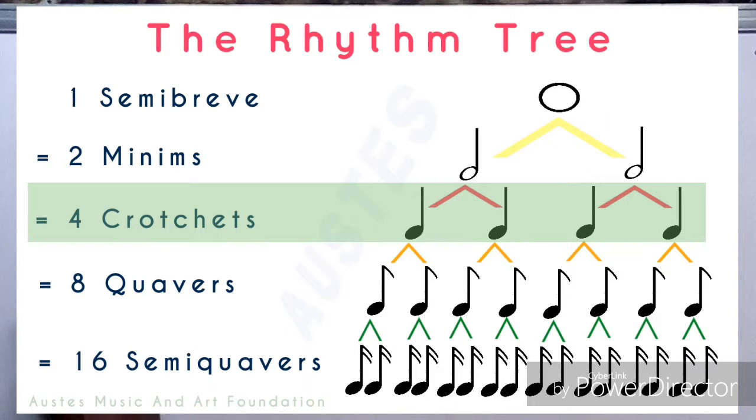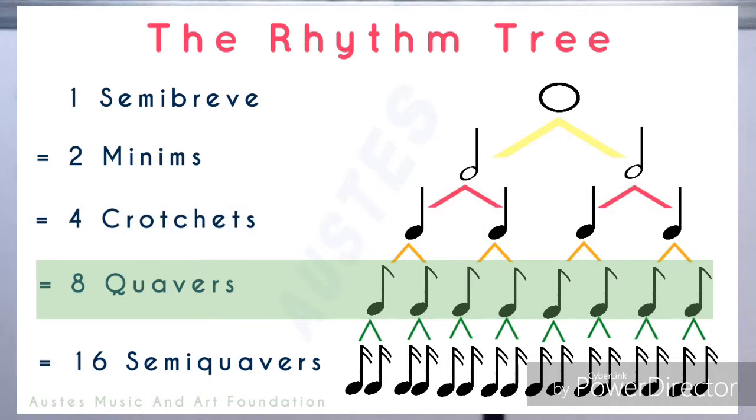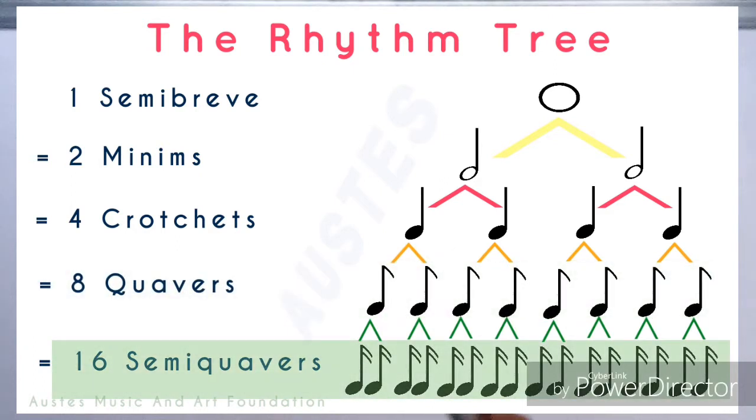If the lower figure is 4, it means we are referring to a crotchet. Then 8 refers to quaver because there are 8 quavers in a semibreve. So if the lower figure is 8, it means we are referring to a quaver. Then there are 16 semiquavers in a semibreve. If the bottom figure is 16, it means the note that takes 1 beat is a semiquaver.